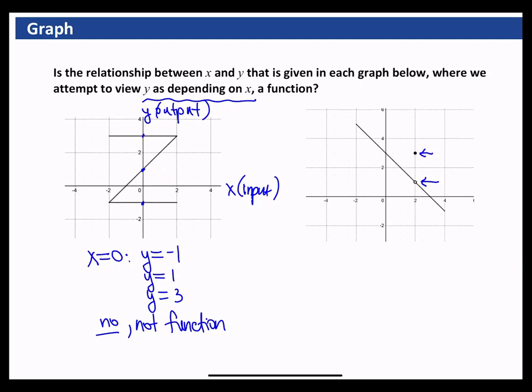Do you guys agree that x equals 2 is really the only kind of weirdish spot that we've got going on? So let's think about this. If x equals 2, what do I have for my output? I only have y equals 3. Because again, this hole means it's not defined there, so we're not going to include that. So we could say, yes, it is a function.